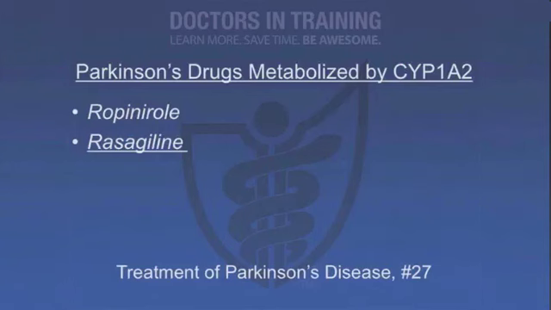In terms of pharmacokinetics, pramipexole is not metabolized. It's dependent on renal function for its elimination. So in a patient with renal insufficiency, you may be able to adjust the dose of pramipexole. Ropinirole is extensively metabolized by cytochrome P450-1A2. And what other drug did we mention just a moment ago that was metabolized by the same enzyme?